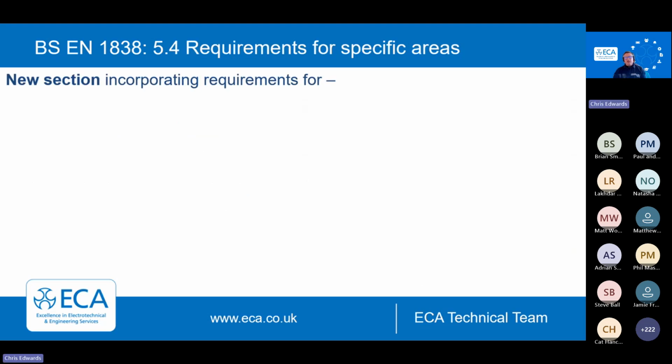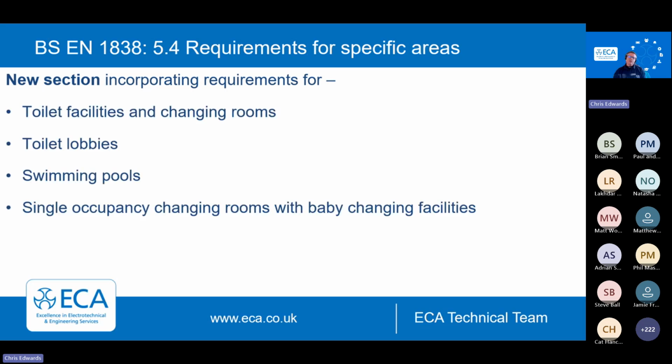Now there is a new section here, requirements for specific areas. When I'm talking about specific areas, it's not points of emphasis, but something separate entirely, highlighted as specific areas that we may need to consider separately because of the scenario. This is very much a signpost in here.